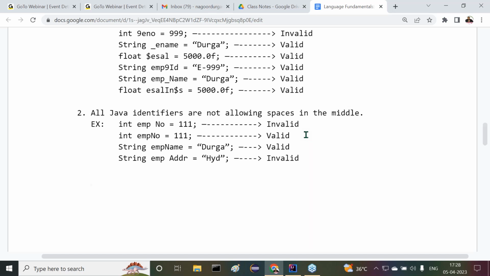So next one, point number 3. Observe carefully. All Java identifiers are not allowing operators.